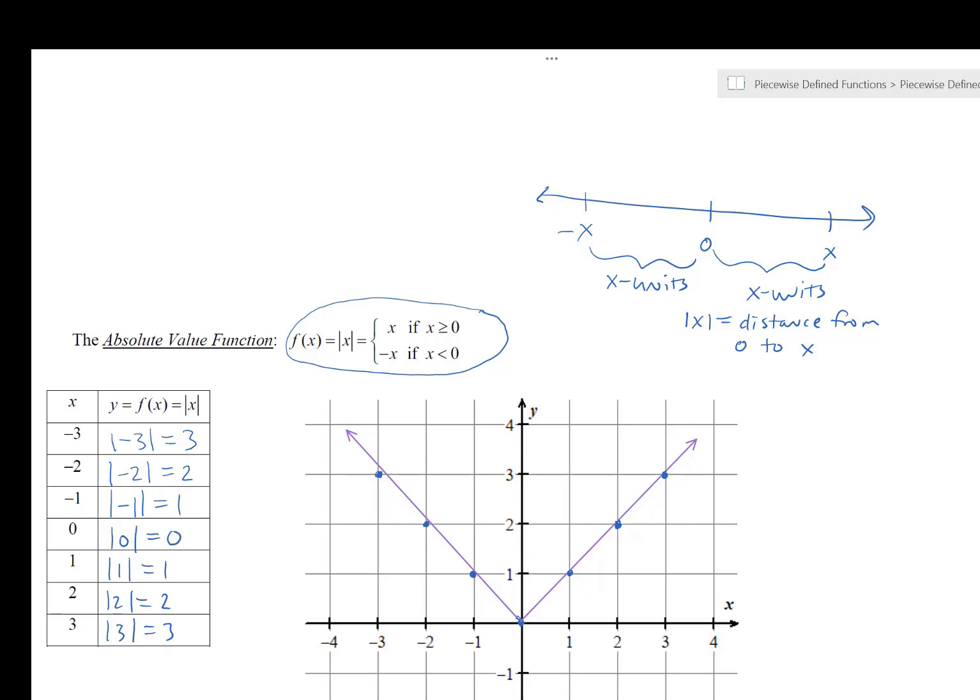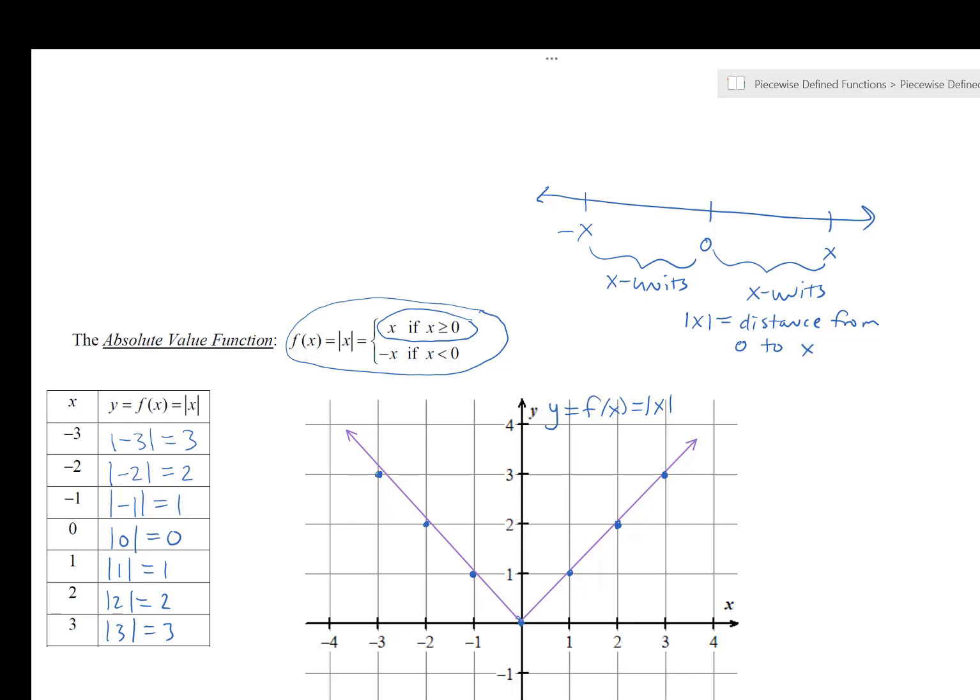Notice above the rule, the absolute value of x, which we're calling f of x here, which we just graphed. It's actually defined to be two different rules depending on which value of x you are given. Notice in this rule right here, if you have a positive value of x or 0, then your output is just x.